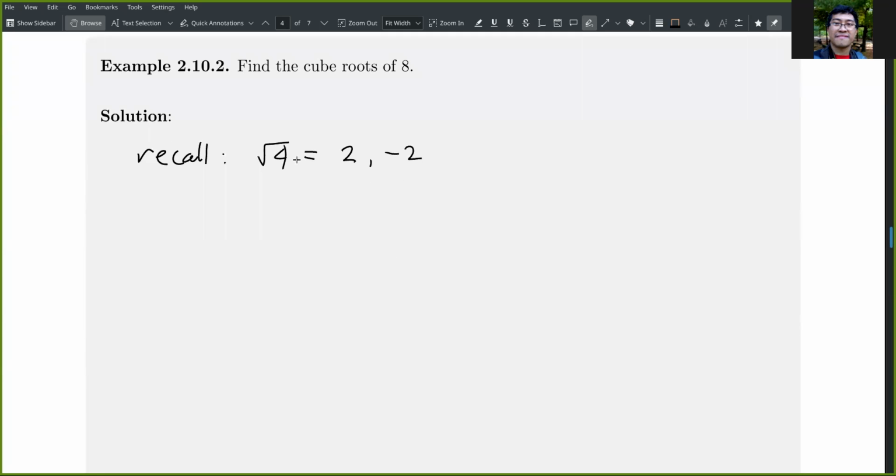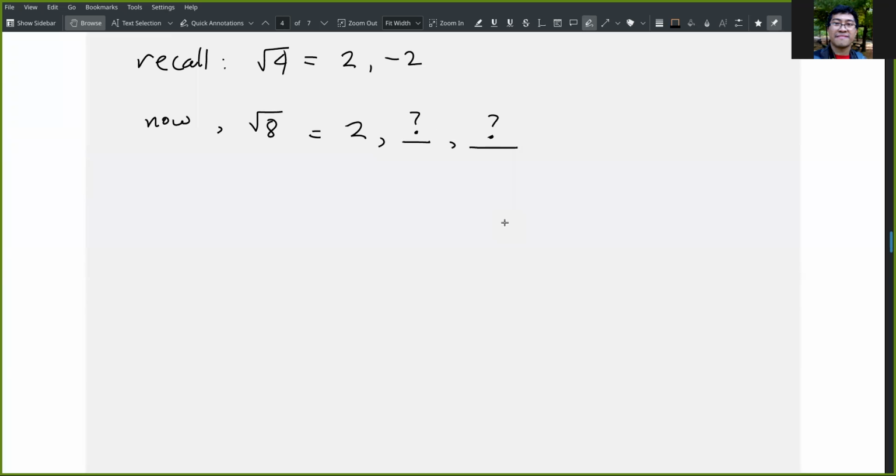There are two square roots of 4. If you do the square root of 8, the obvious answer is 2, but there are also two other roots, which we are trying to solve.